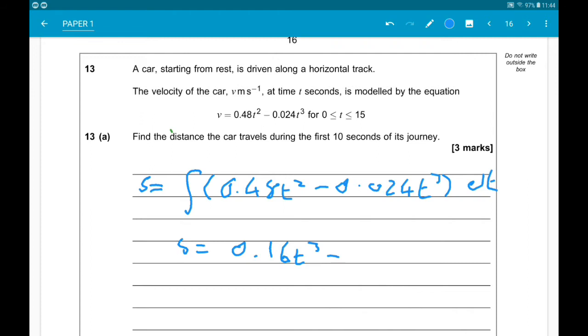So that's going to be 0.006 t to the power 4. And then, of course, plus c.